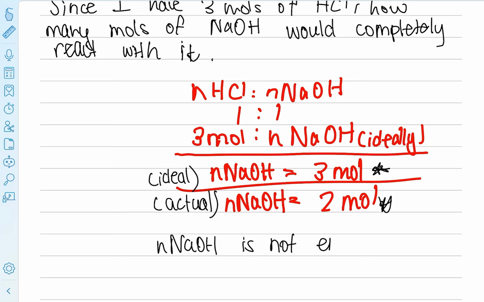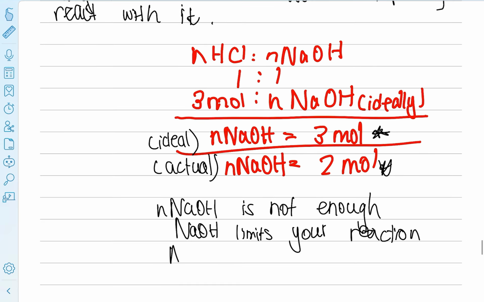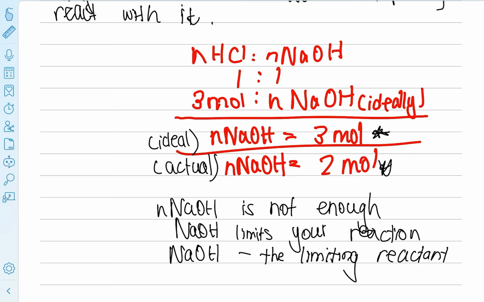You do not have enough for a complete reaction. So your sodium hydroxide is actually going to limit your reaction. And that's why we end up saying your sodium hydroxide is going to be the limiting reactant. It will limit your reaction because it doesn't allow for this to be a complete neutralization reaction. All right.